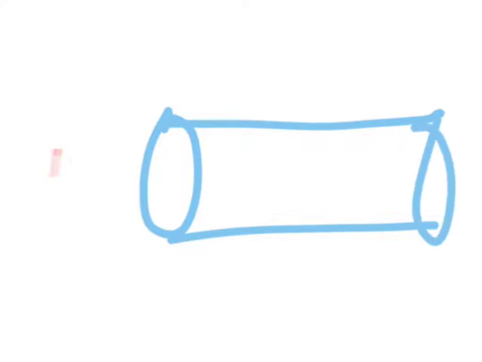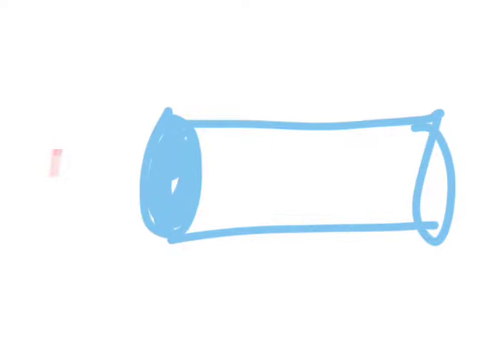The second point is that resistance also depends upon the thickness of the conductor. How much is the area of cross section of the conductor? Suppose we have a conductor; this is the thickness of the conductor.